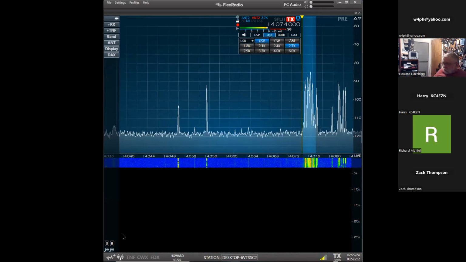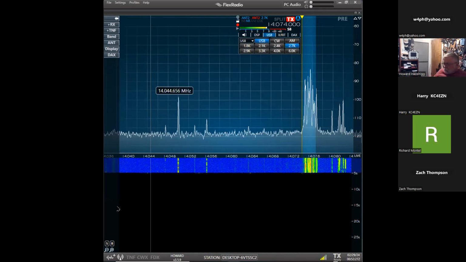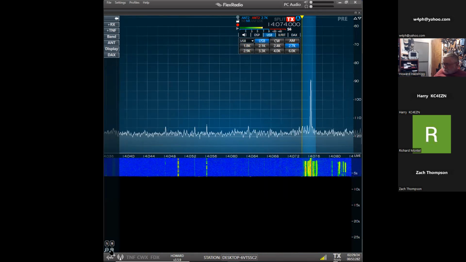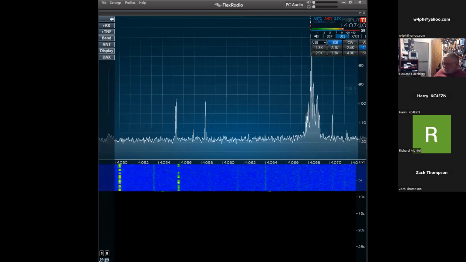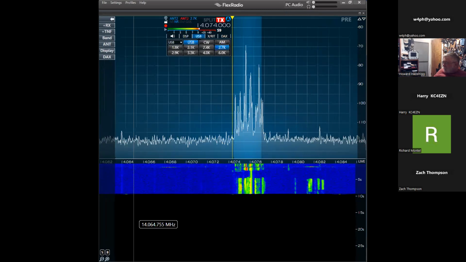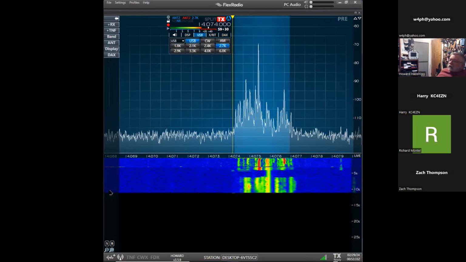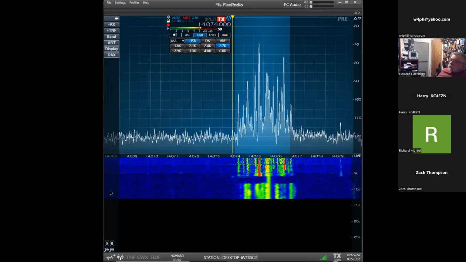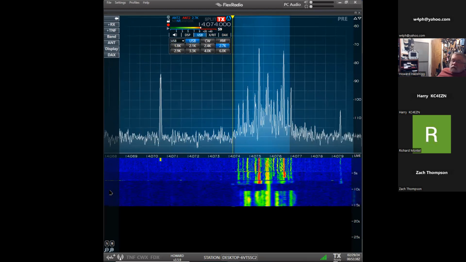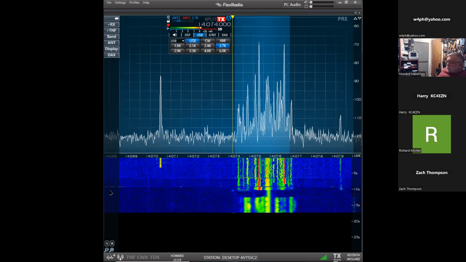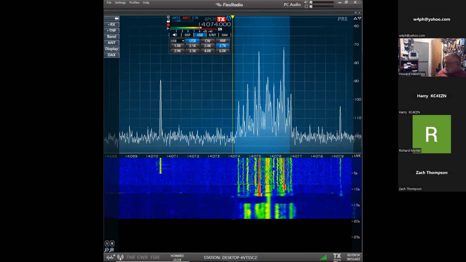As Harry was talking about, 20 meters is usually a very busy band. And you can see how many different signals are going on in that portion of the band right there. And that is your FT8 signals.